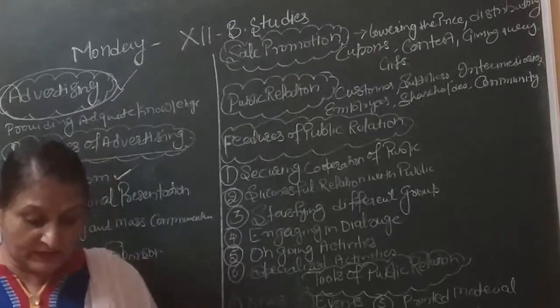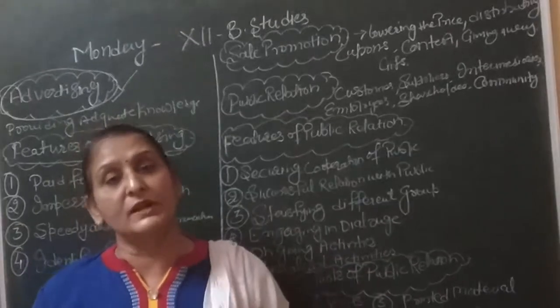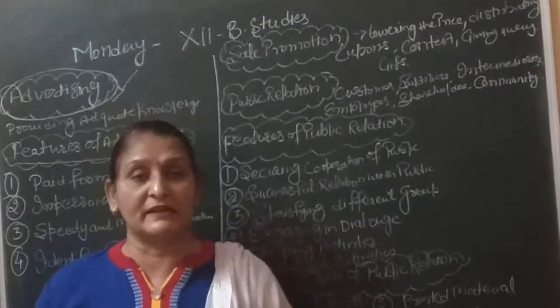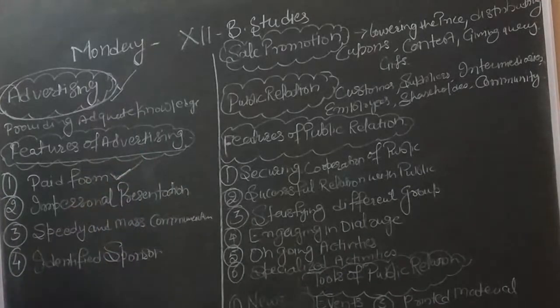But when the advertisement is made and the money is spent by the producer, then it becomes advertisement. So advertisement is a paid form in which the producer or the seller spends the money.